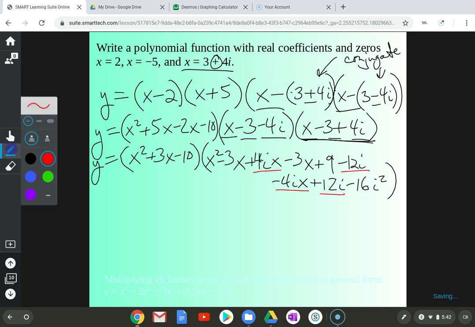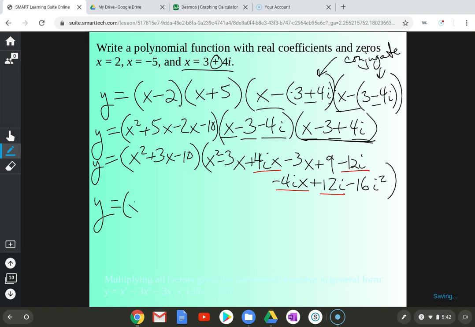So when we rewrite it, we get x squared plus 3x minus 10 times, and then we get x squared minus 3x, I'll combine in a minute, minus 3x plus 9.